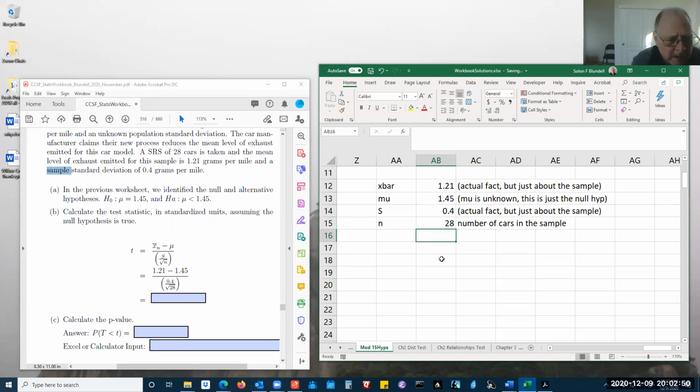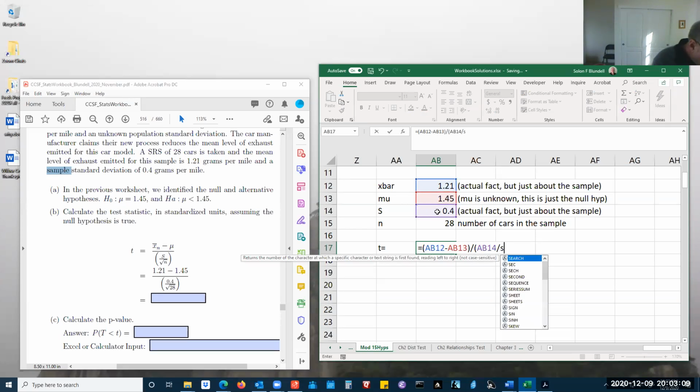Okay, so now to get the t-score, we'll do parentheses, this minus that, over parentheses, S over the square root of N.